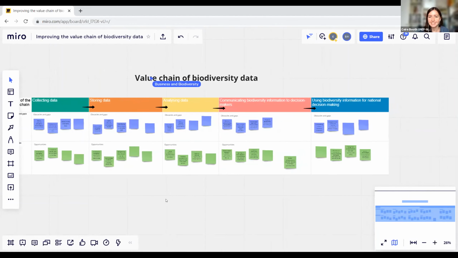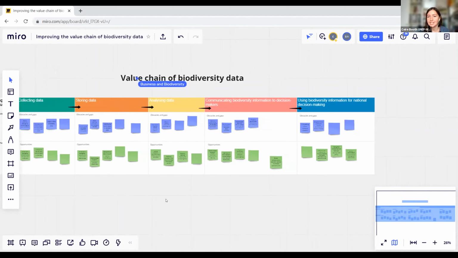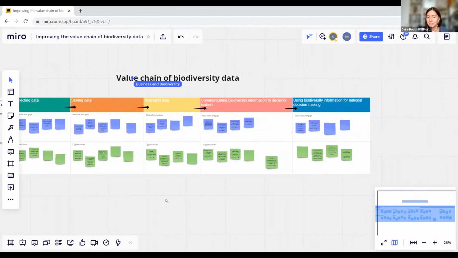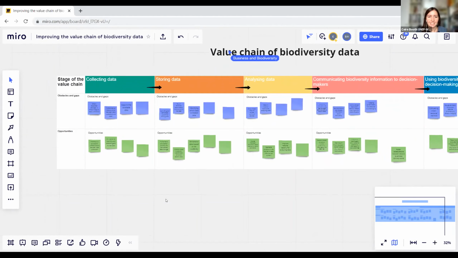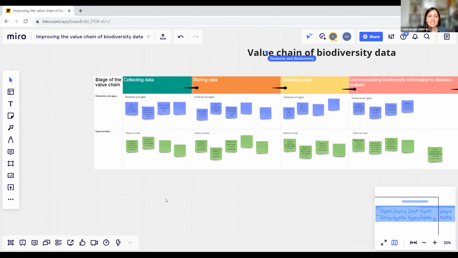We've got the analysis of the data, and communicating biodiversity information to decision makers. And of course, the reason why we do any of this is so that the biodiversity information can be used for national decision making. Underneath each of these stages, we've added a number of the obstacles and gaps that could emerge at each of the steps, as well as the opportunities.